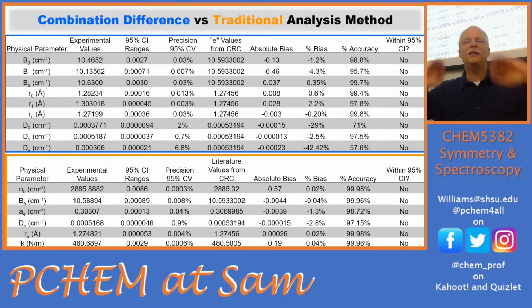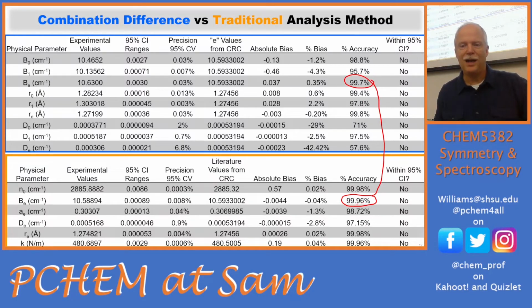Okay, let's compare this to the traditional analysis method. So we did the full analysis and got BE, alpha E, DE with the 1.0 analysis. And so we can compare these values. So it looks like the traditional value performed better in this case. Let's look at BE compared to this one.